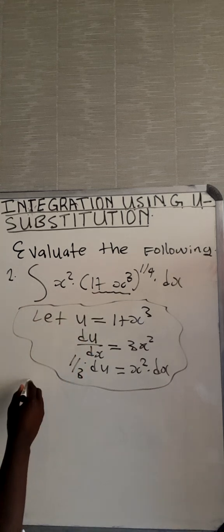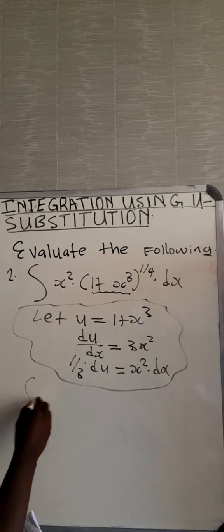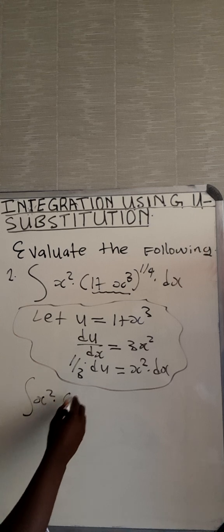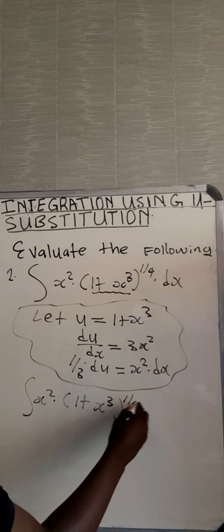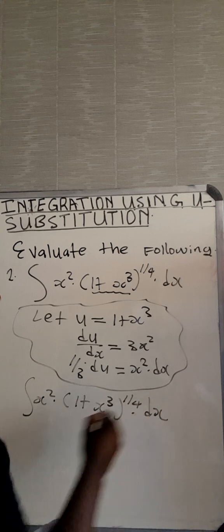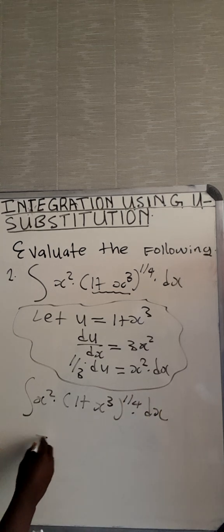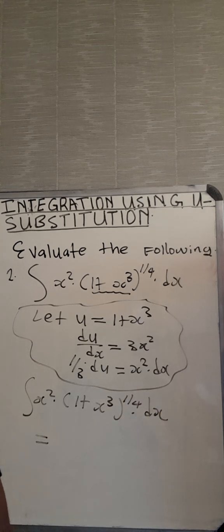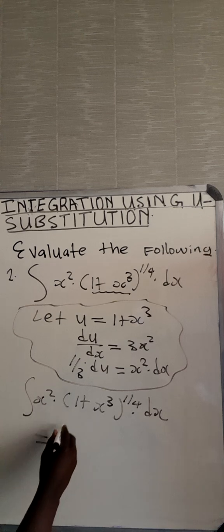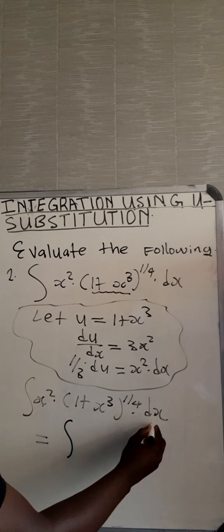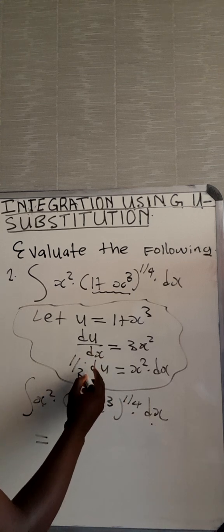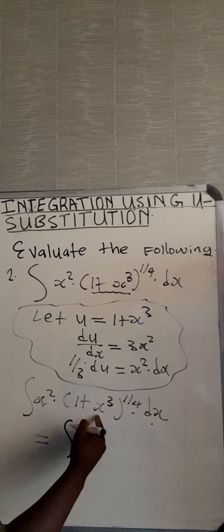Then we have the integral of x squared times (1 plus x cubed) to the power of 1 over 4 dx. You can see that x squared dx is 1 over 3 du, and this one is u.